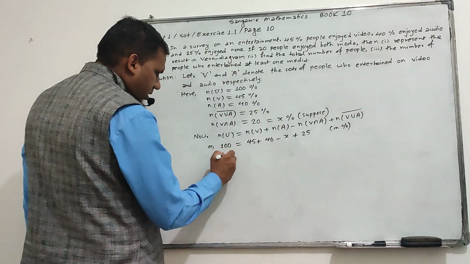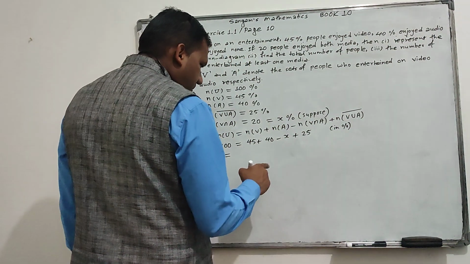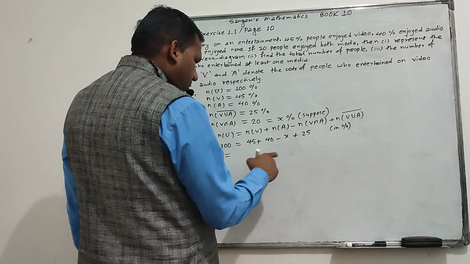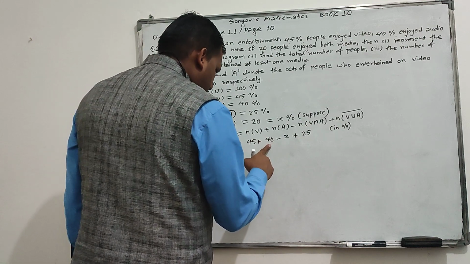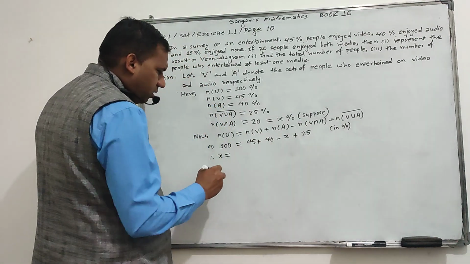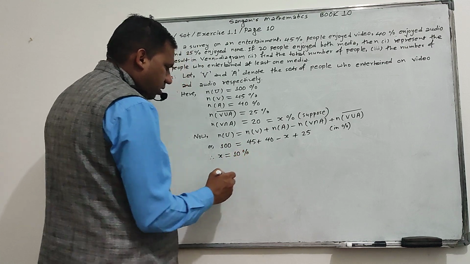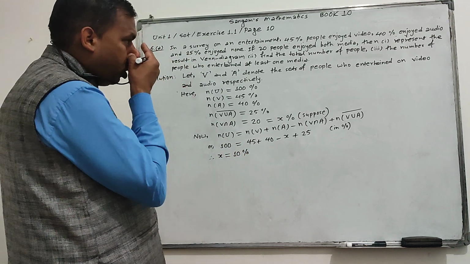Therefore, X equal to 45 plus 25, 70 plus 40, 110 minus 100, 10. So X equal to 10%.